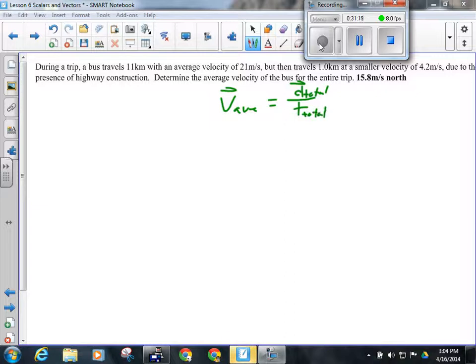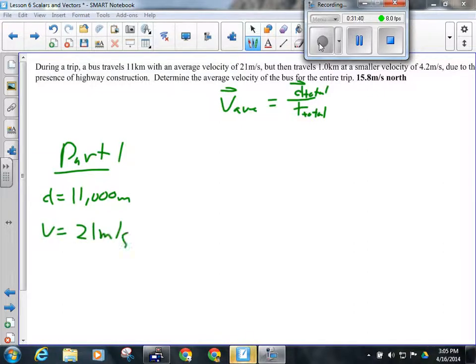Do I have any of the times? No, I don't. Can I find the time for each part? In part 1, the distance traveled is 11,000 meters. I have to turn it into meters because my speed was given in meters per second. And my speed was 21 meters per second. With D and V, can I find T?